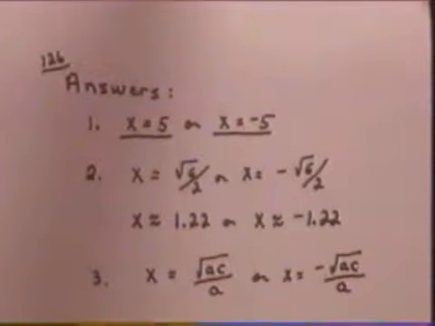For the third one, x is equal to the square root of ac divided by a, or x is equal to the opposite of the square root of ac divided by a. If you disagree with any of these answers, be sure to check with someone.